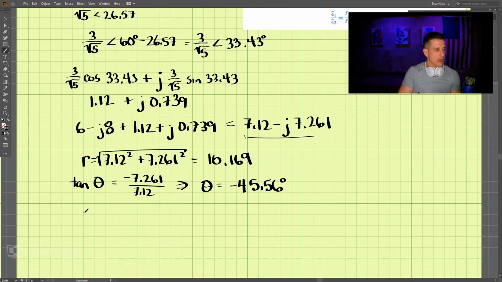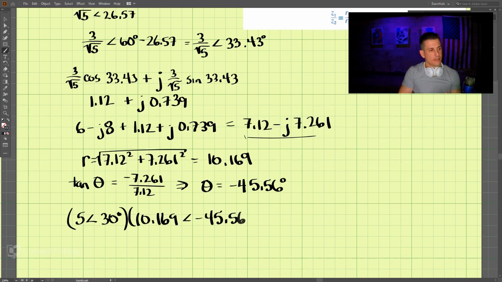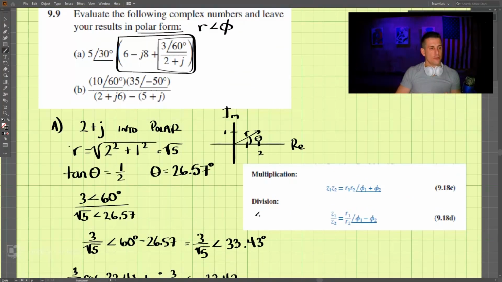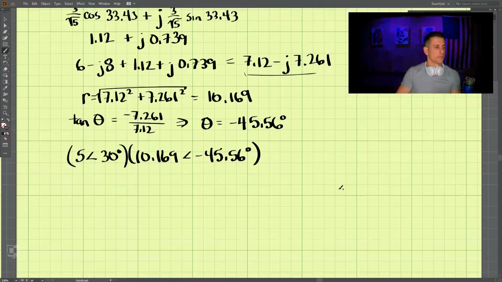So we have 5 at an angle of 30 degrees, and we're multiplying by 10.169 at an angle of negative 45.56 degrees. So we will be using this equation here, where we multiply the radii together and then add the angles.